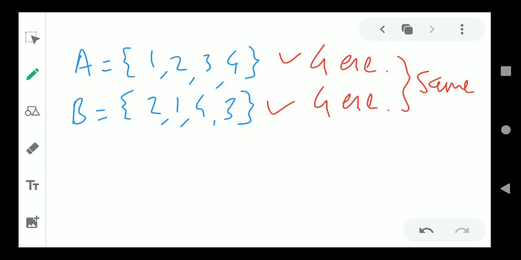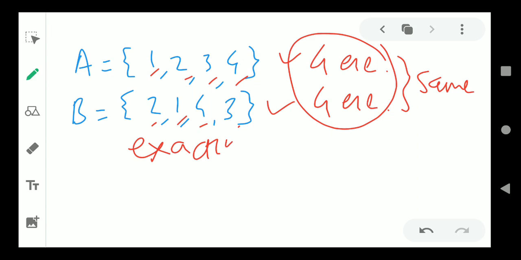And we can see 1, 1, 2, 2, 3, 3, 4, 4, meaning elements are exactly matching. We consider here that the order can be different in the given sets, but we only see whether the elements are exactly matching or not. Here the number of elements is the same and elements are exactly the same.